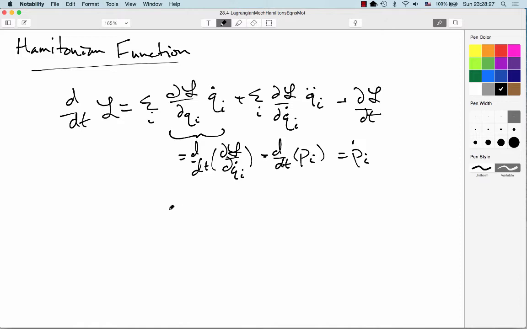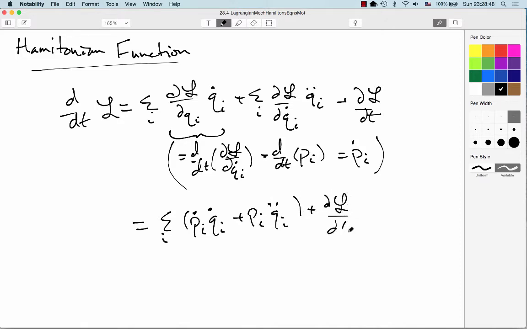So with that realization, I can rewrite dL/dt as the sum over i of pi dot qi dot plus pi qi double dot, plus partial L partial t.